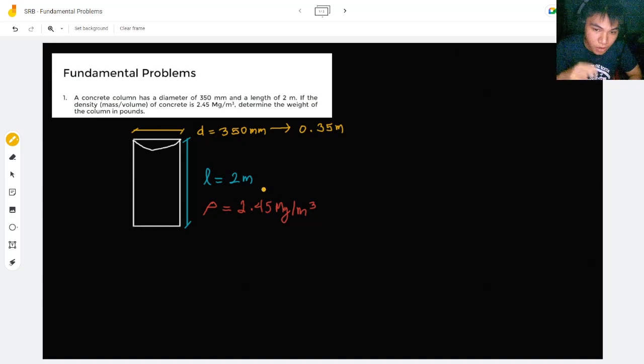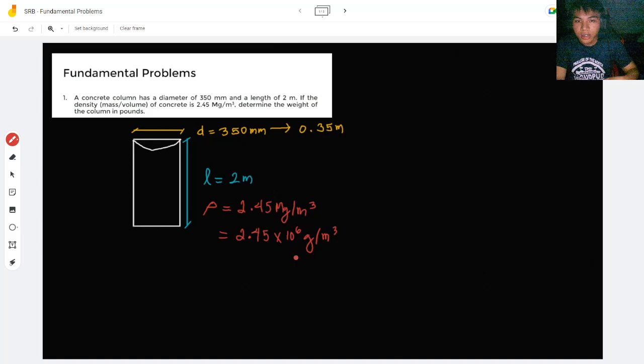As for megagrams, 1 million grams is equal to 1 megagram. So we can denote this as 2.45 times 10 to the 6th power grams per cubic meter.